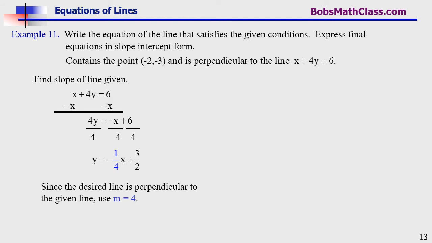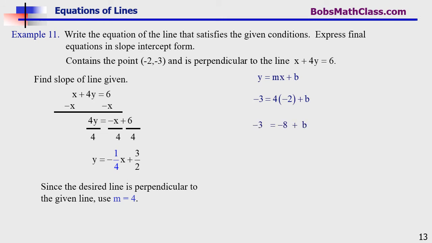So now we use the negative 2, negative 3 for your x and y, and your m is 4. Now we could solve for b. So again, y was negative 3, and x is negative 2. m is 4.